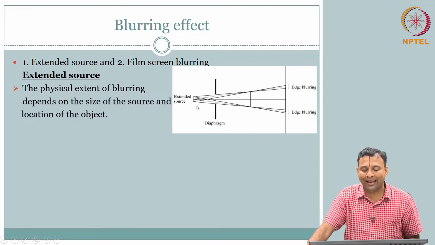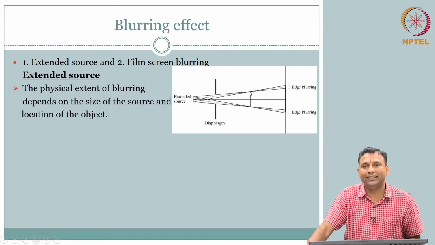Instead of a ray emanating from a point being the only ray that captures the edge of this object, now you have the whole extended source, and all of these points capture it. So what you see is a net sum. In some sense, instead of one edge you get a blur.